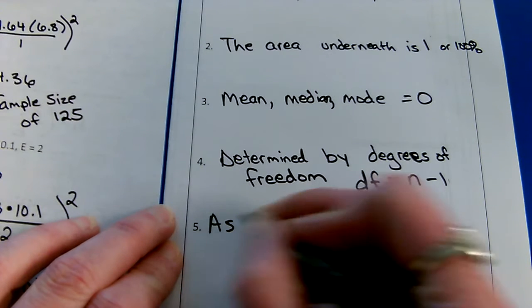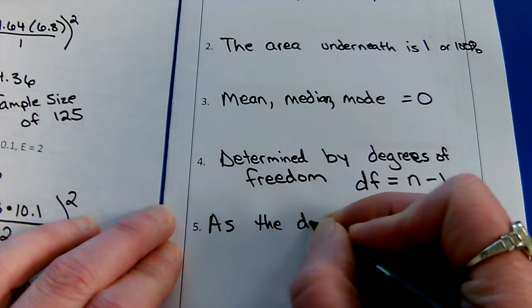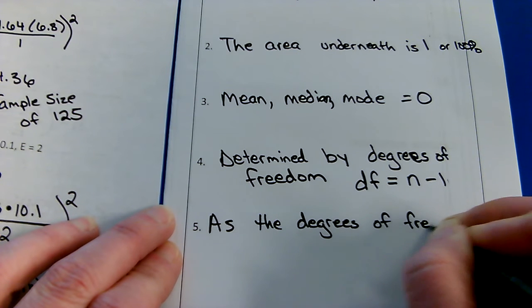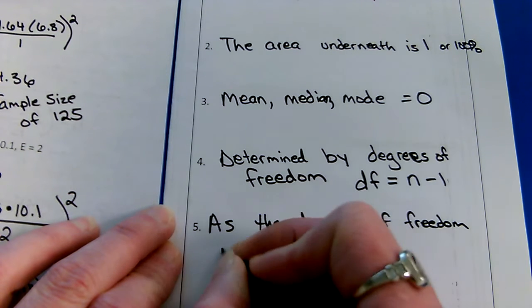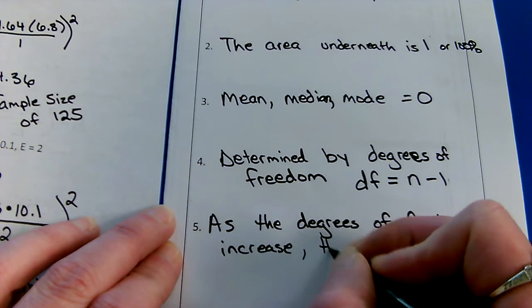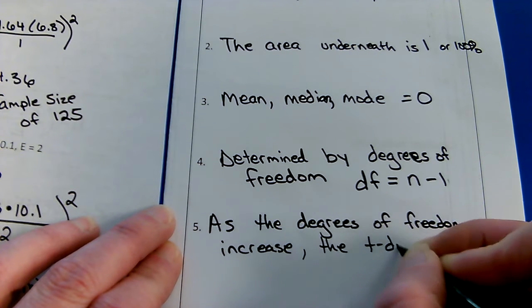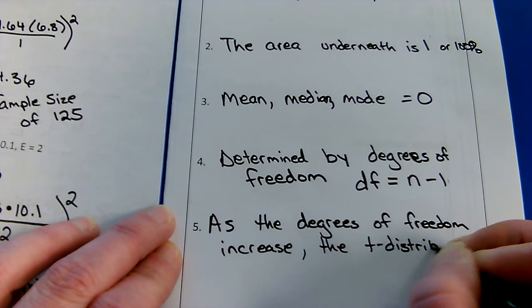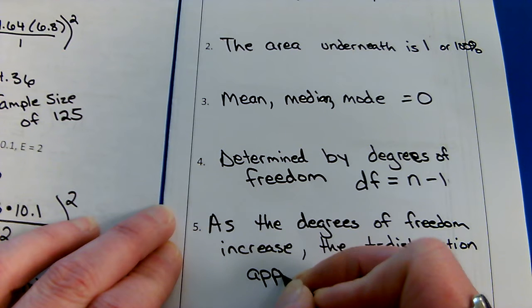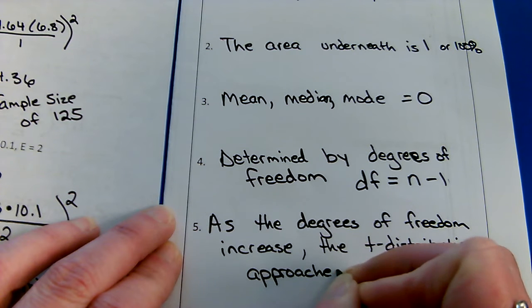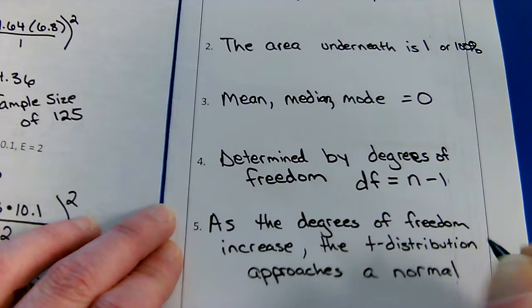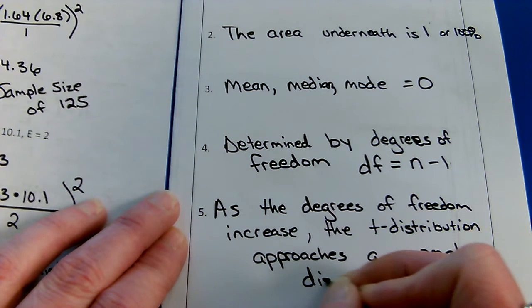Now, as the degrees of freedom increase, the t-distribution approaches a perfectly normal distribution.